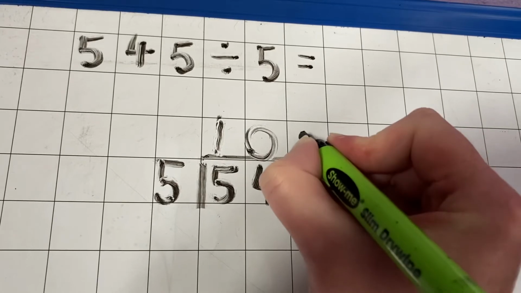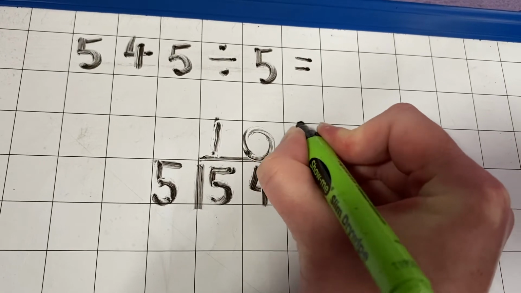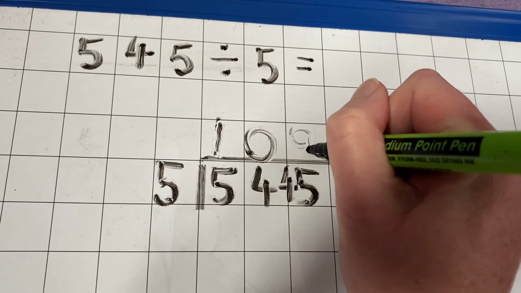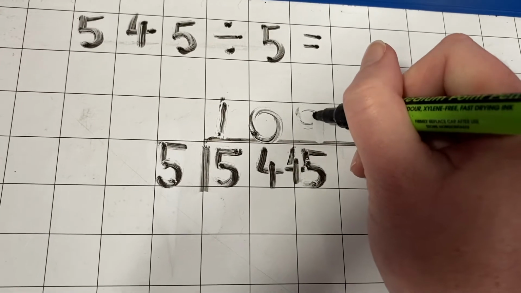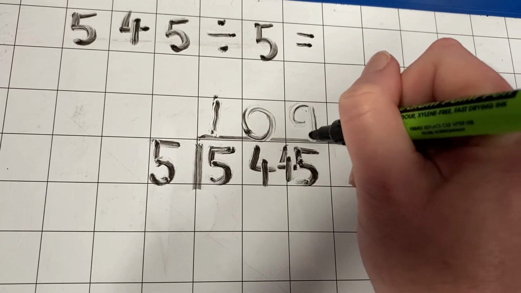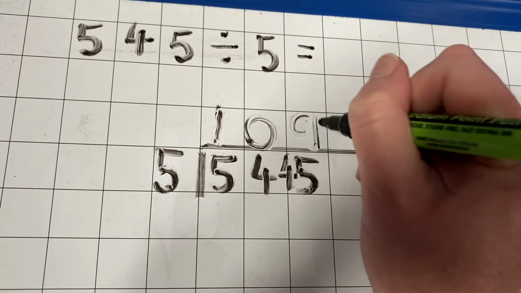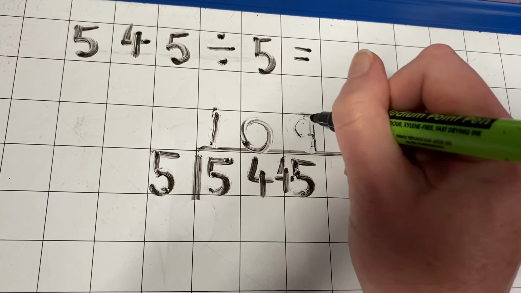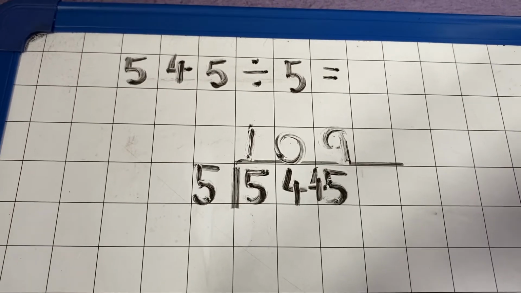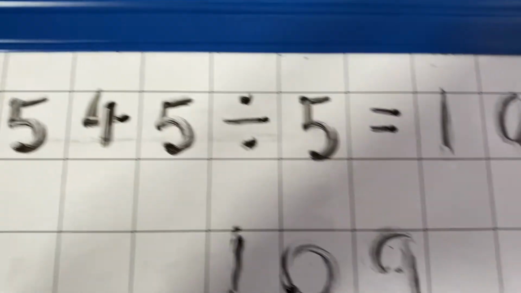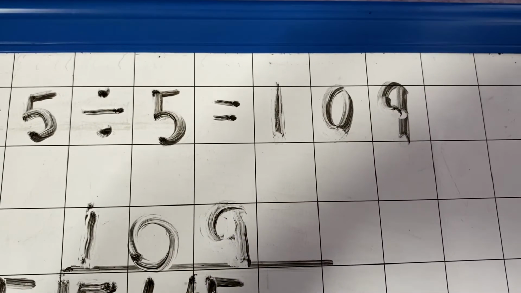And I know that I can make 9 groups. Therefore, 545 divided by 5 is 109.